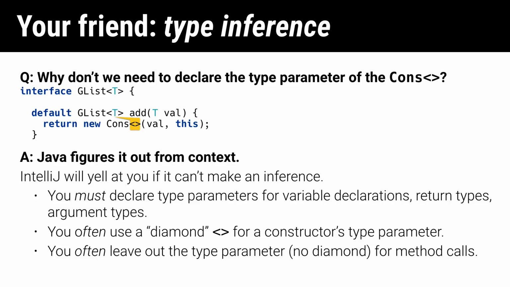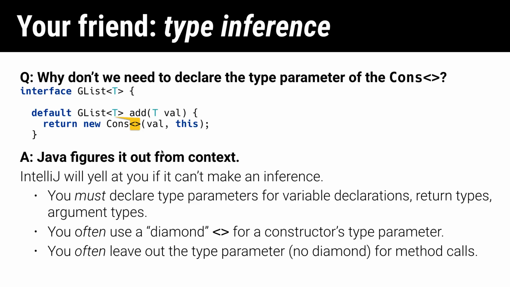Java can figure out from context that I'm trying to return a cons, so the cons that I'm making here is getting returned there, and so the type parameter had better be the same. Generally speaking, if you're not sure, try leaving out the type parameter and just using a diamond. If it works, you win. And sometimes you don't even need the diamond at all. And again, if it works, you win. So you just try it.